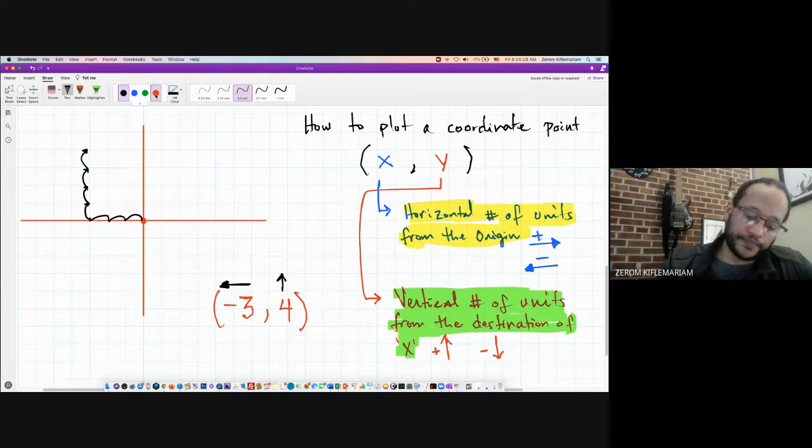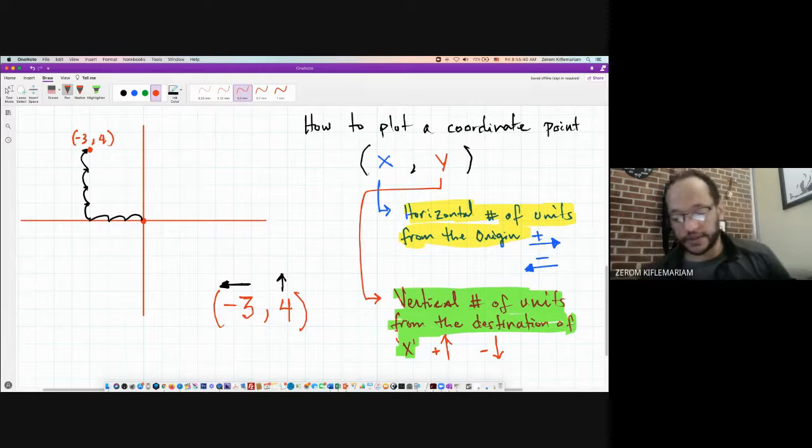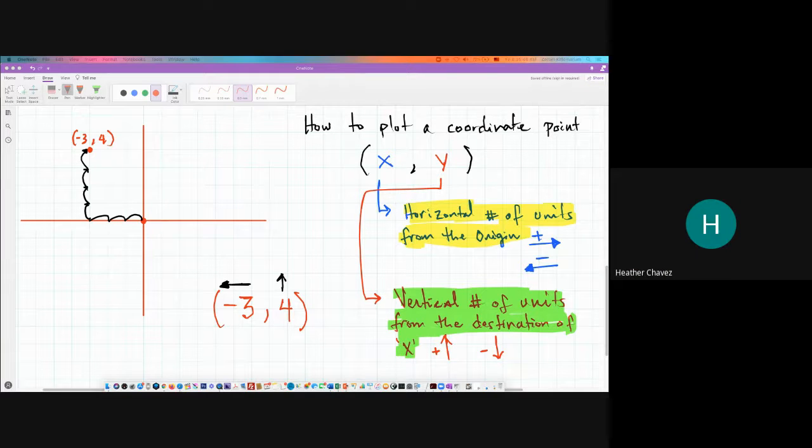So this would be my coordinate: x is -3, y is 4, the right way to plot my coordinates. Any questions so far? I need everybody's participation.